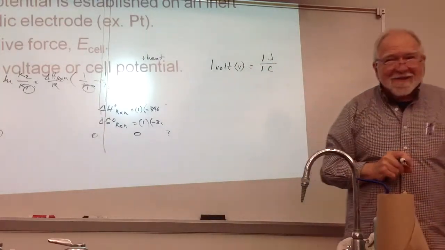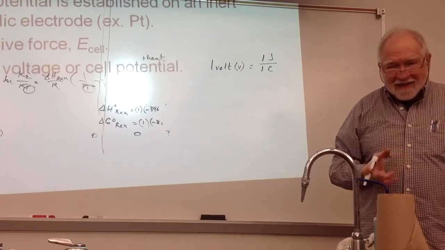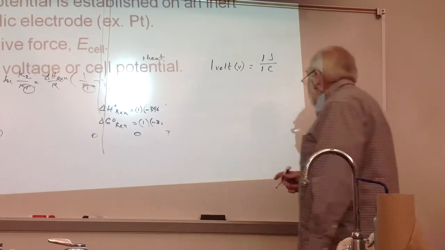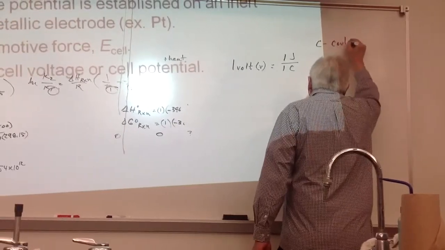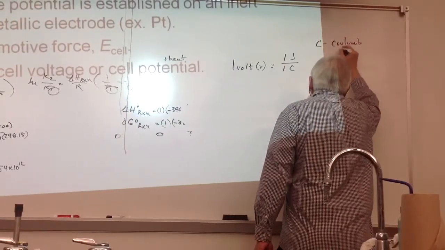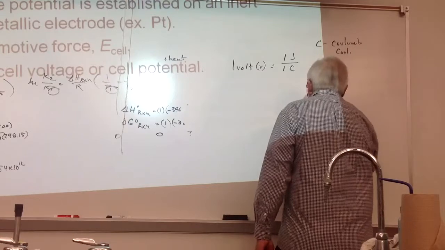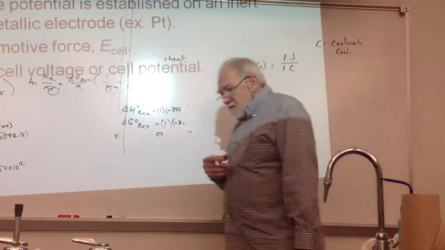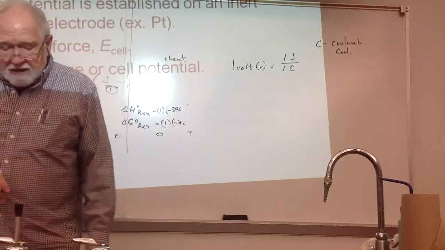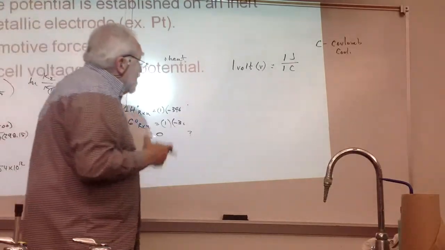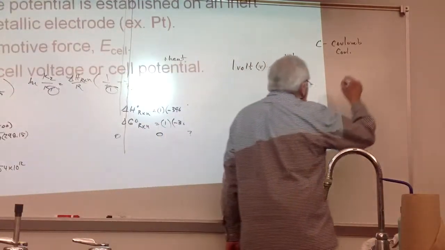J stands for joules. That's the energy term. C is the coulomb. On some of the old quizzes, that used to be the abbreviation, but on modern things, it's capital C, and you have to just take it from the context. But that's the unit of charge.